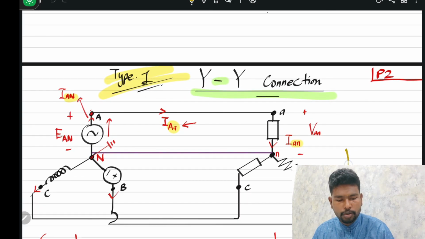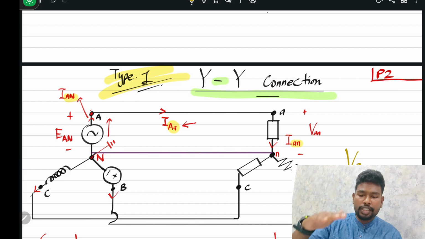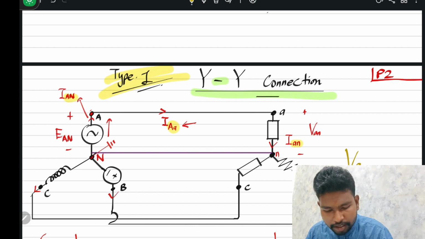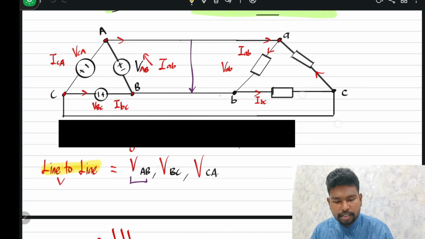Let's say I want to show VBC, I want to see the voltage drop between line B and C. Line B is beneath here and C is up there, so it should go from bottom to up. Okay, how about in this circuit?